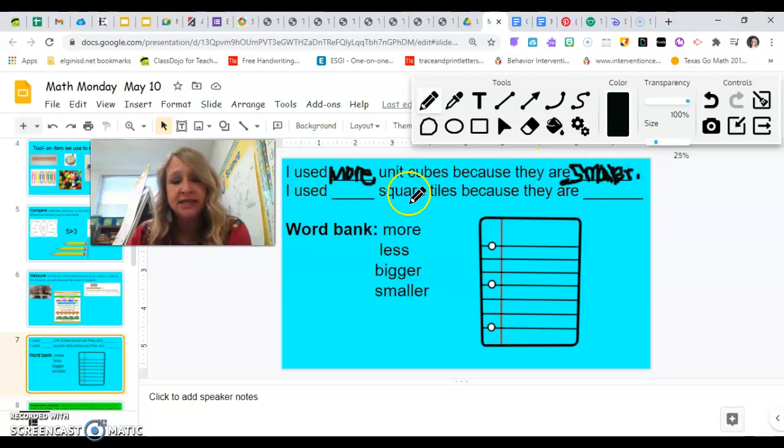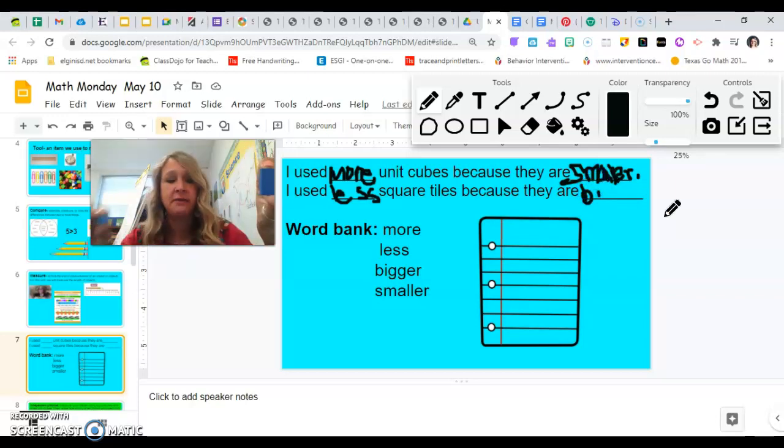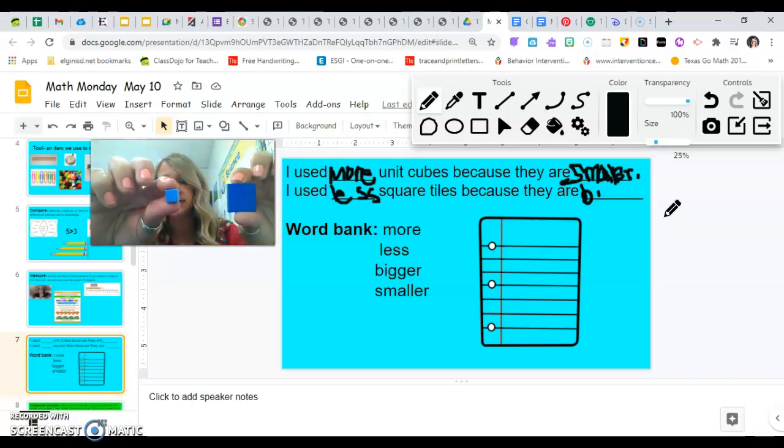I used blank square tiles. Did I use more or less square tiles? Less. Now, why did I use less square tiles? Because they are bigger. The square tiles are bigger than my ones units.